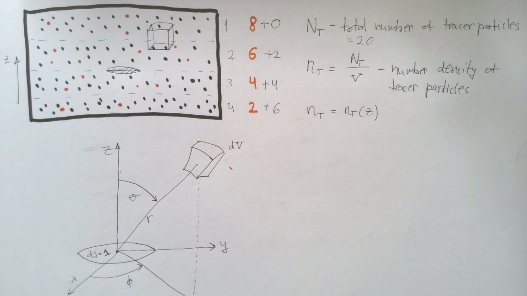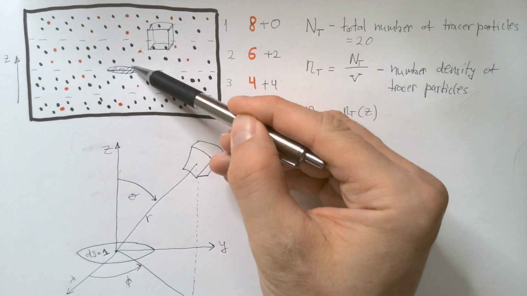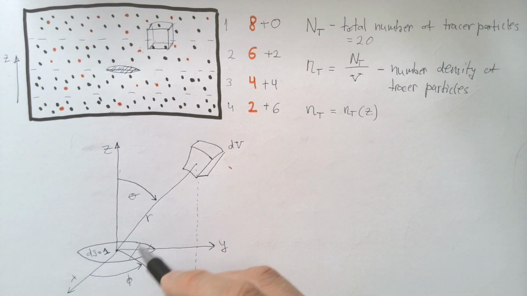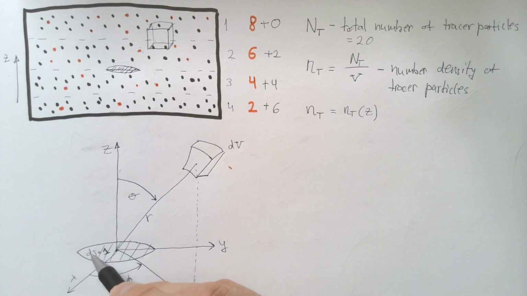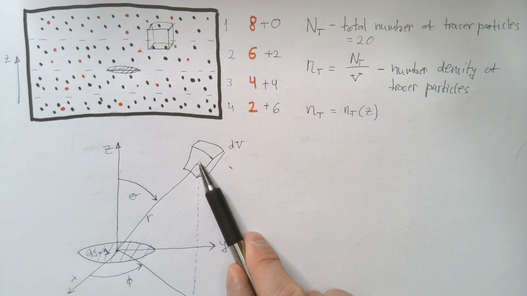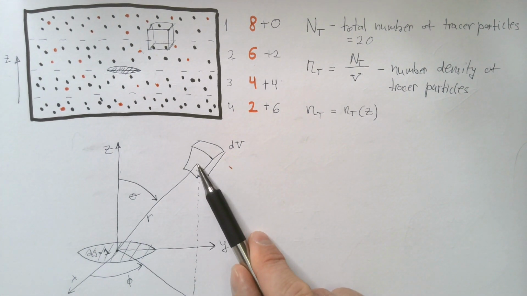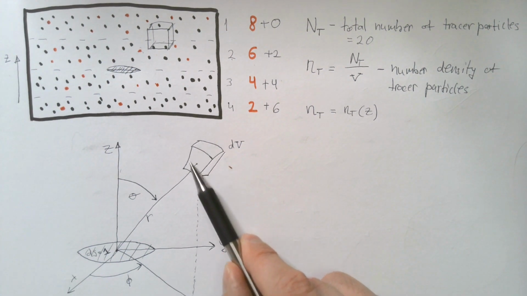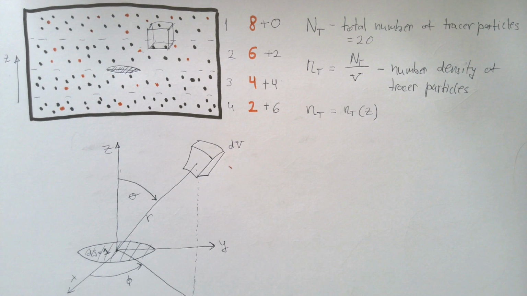This is easy. Now, the question is, how do we find the number of tracer particles, red particles, that are passing through this area ds in unit time? This is now a very important part of the video. First, we will find the average number of tracer particles undergoing collisions in this volume dv in unit time.